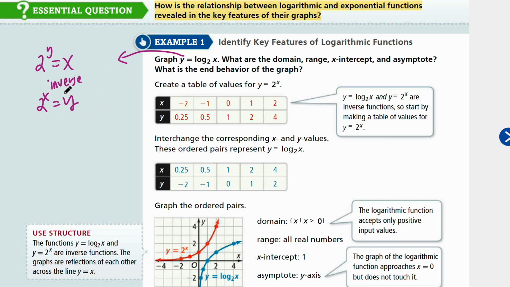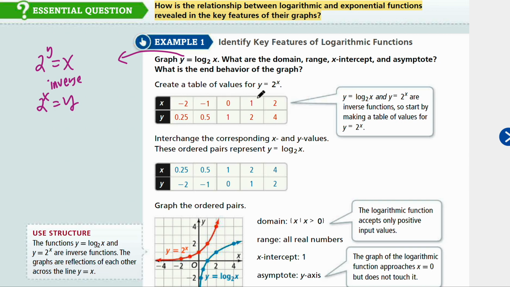So this is the inverse equation of this, right? So y is equal to 2 to the power of x. And because this is easier, we already know 2 to the power of x.